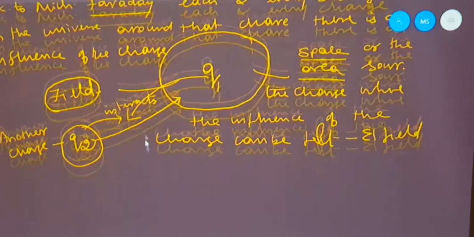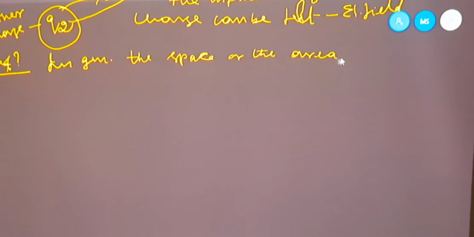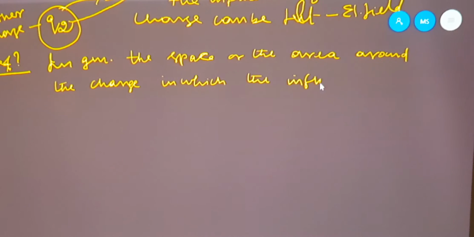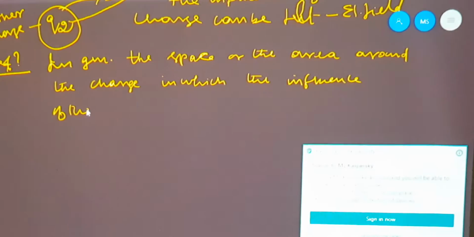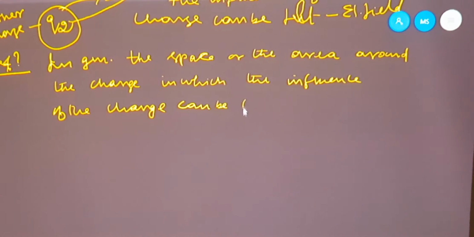So how can you define it in general? The space or the area around, or surrounding, the charge in which the influence of the charge can be felt, we call the electric field.